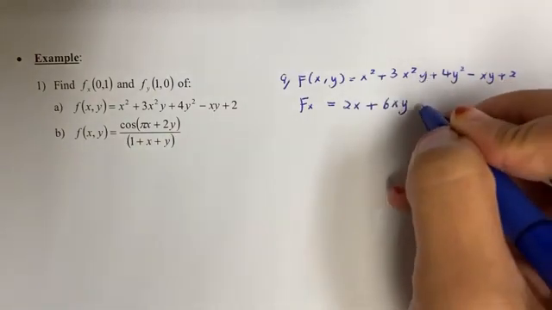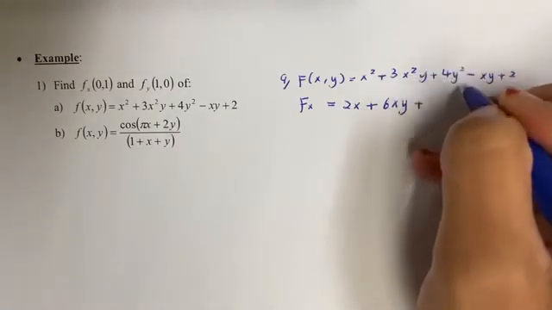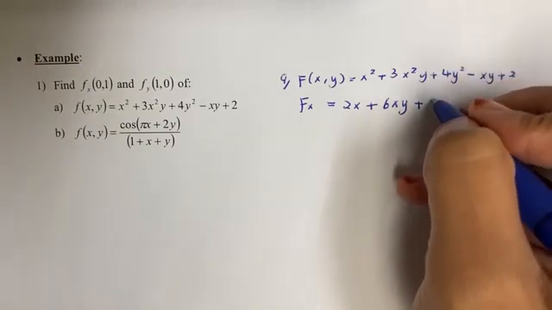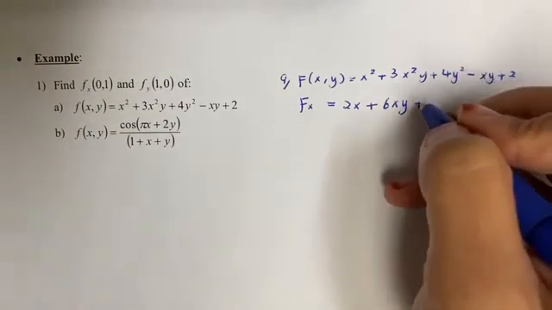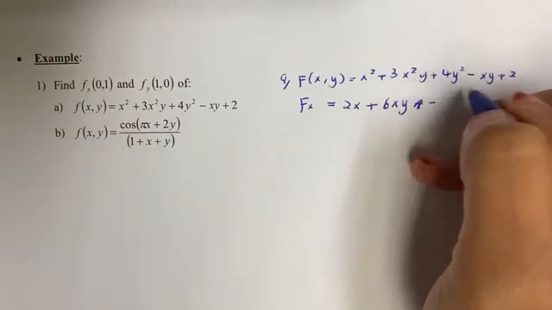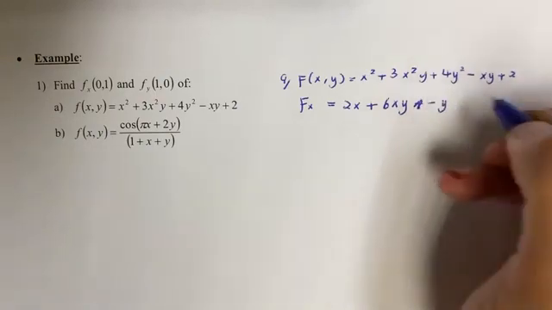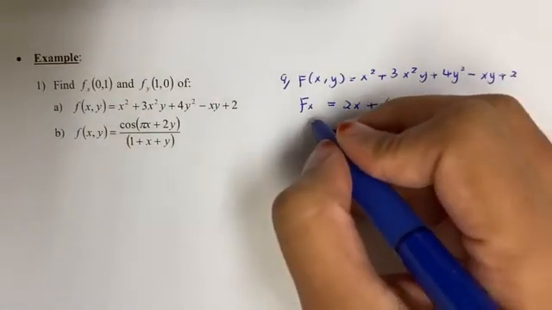Then 4y squared, there is no x here, so this becomes 0. And then minus xy, differentiating x gives 1, multiplied by y, you have y. And differentiating 2 with respect to x is equal to 0. So you have your fx here.